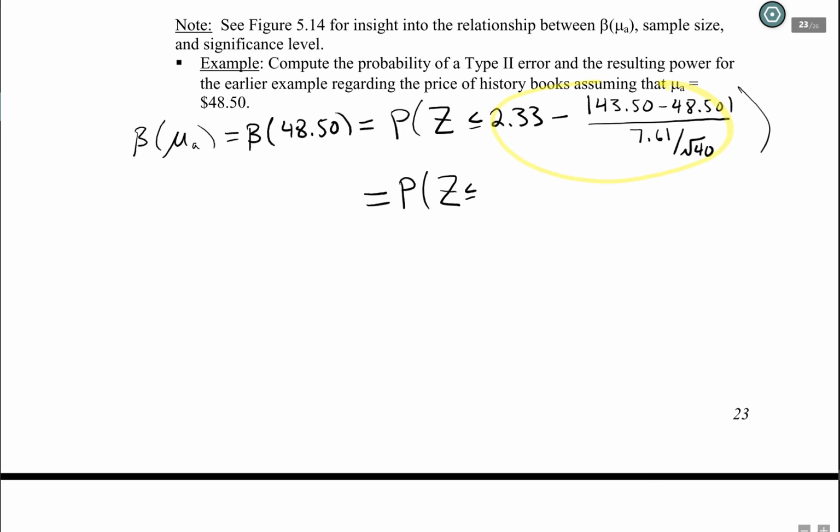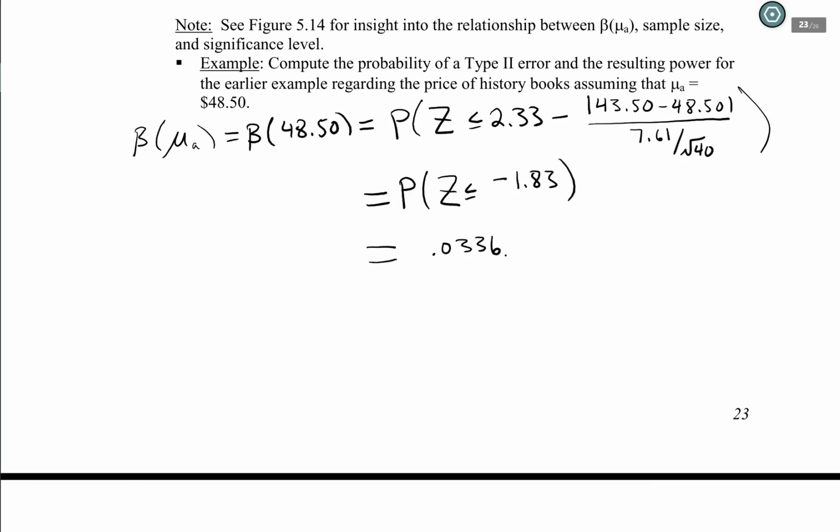Anyway, if we simplify this, do that arithmetic, it may take you a minute, but verify that you get negative 1.83. So you take your z-chart, look at the area under the curve to the left of negative 1.83, and you get 0.0336. So this says what?